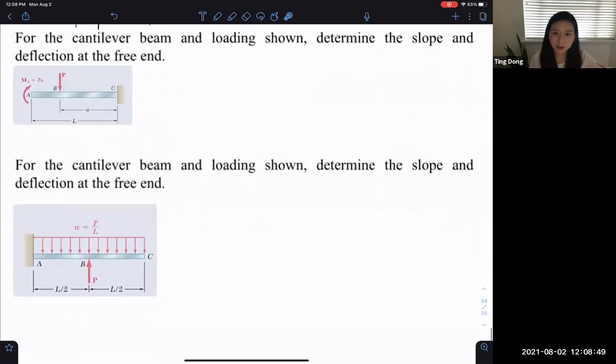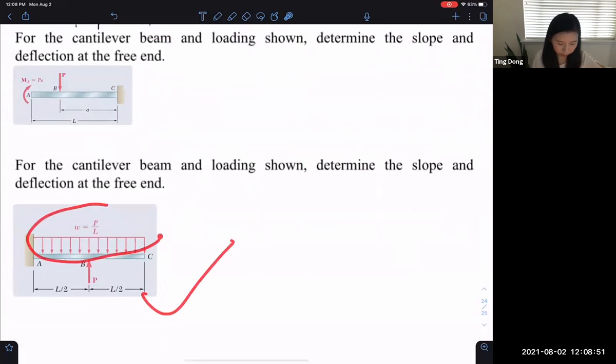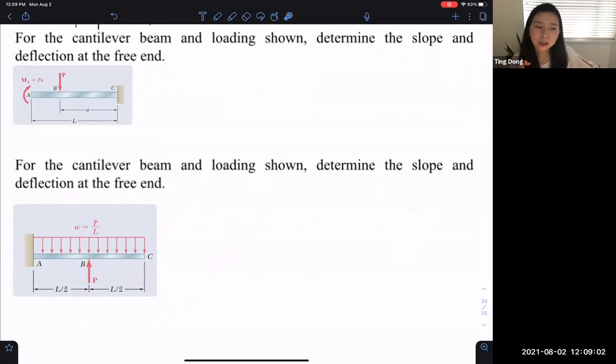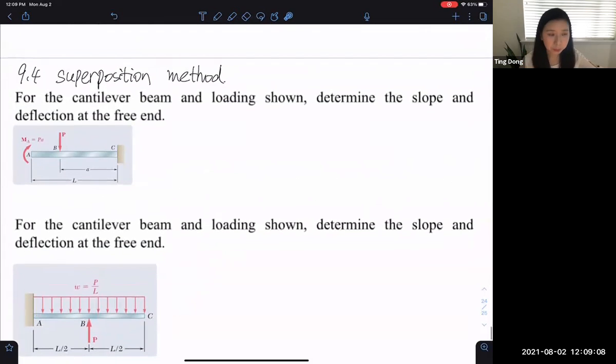So in terms of calculation, we consider the uniform distributed force first, calculate everything, and then consider only P applied, calculate everything, and add them together. In terms of calculation, it may reduce the calculation load. But the biggest meaning of this part is that in the appendix of every mechanics of materials textbook, there is a table.